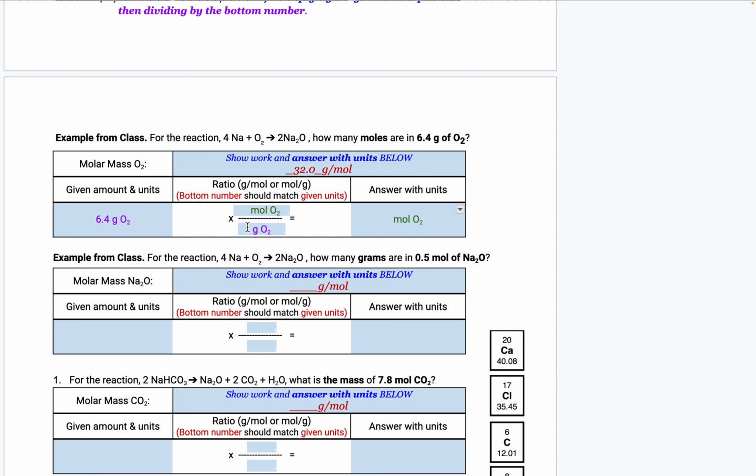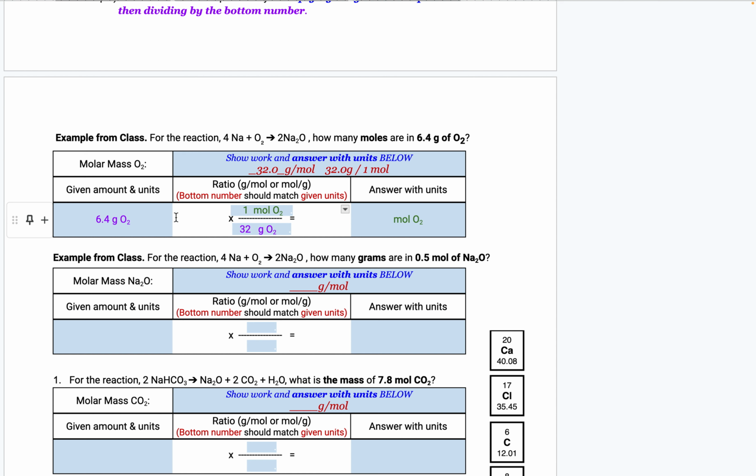All right, so where do we get this number? Oh, we get this number up here. We figured out the molar mass, and the molar mass was 32.0 grams for each mole, for 1 mole. So what we're going to do is we're going to put 1 here, and we're going to put 32 here. And then the math is basically like regular math.